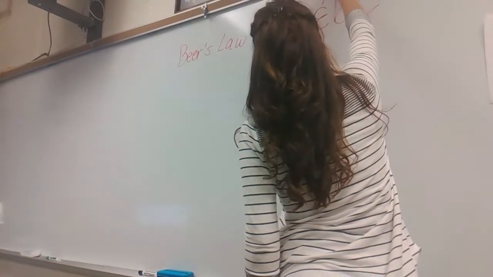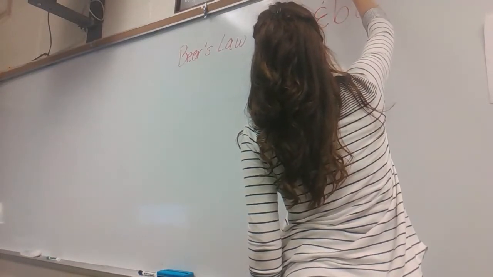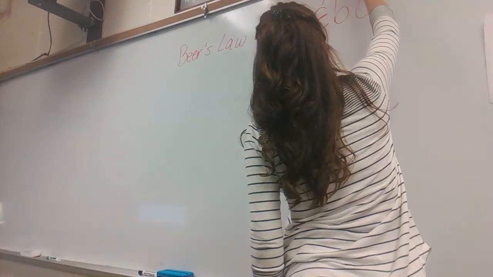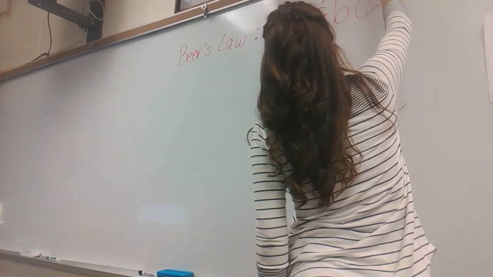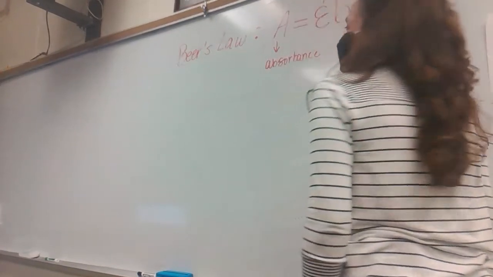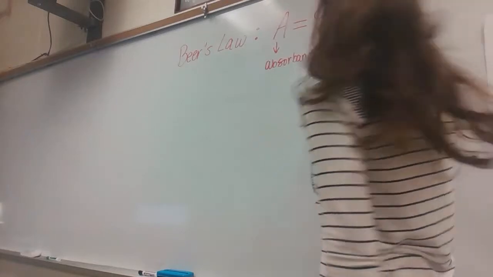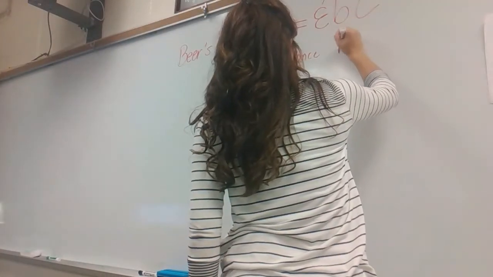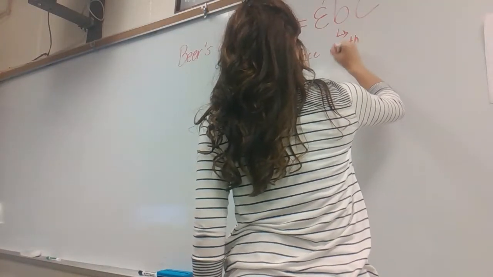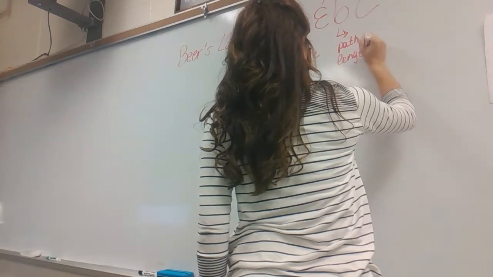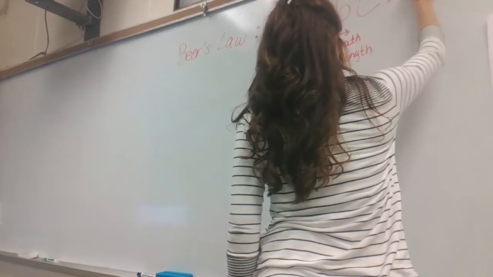This is the molar absorptivity. It's a constant. B is the path length. And C is the concentration.